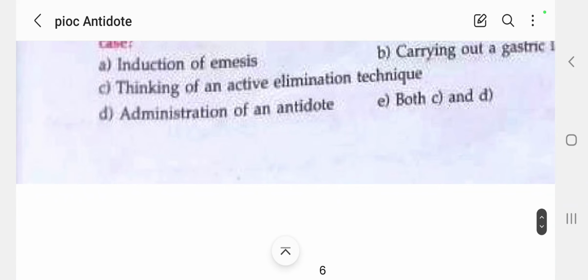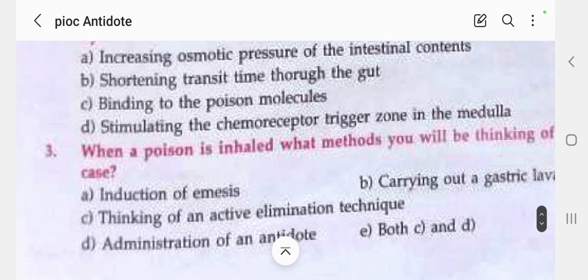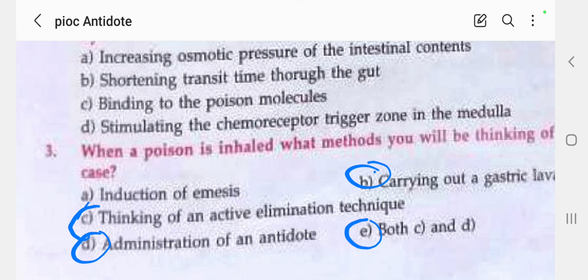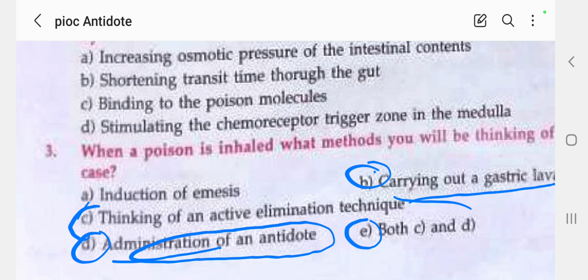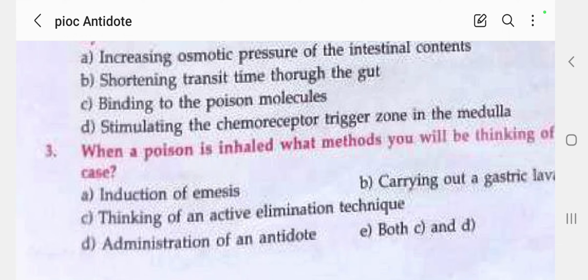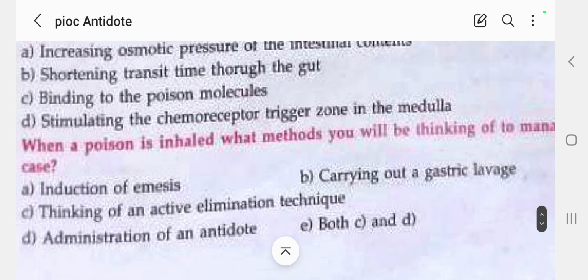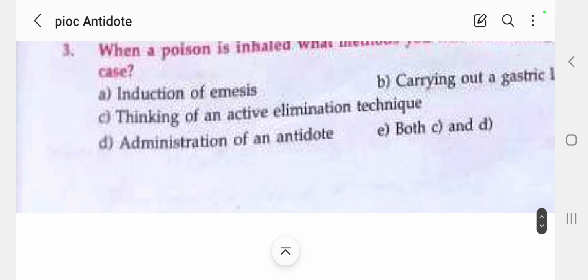So the option is the E option, that means both B and D, that is carrying out a gastric lavage and induction of emesis, so that the person can immediately expel the excess of poison, that means the ingested poison, from the stomach.